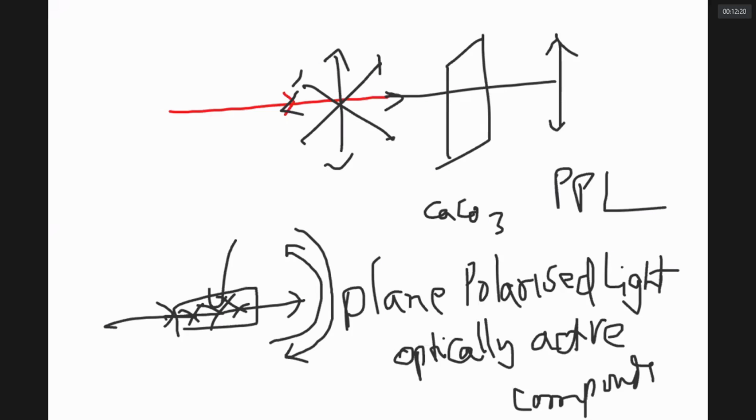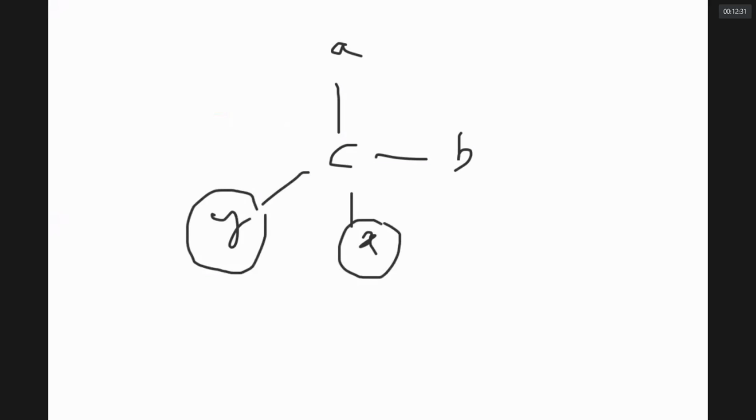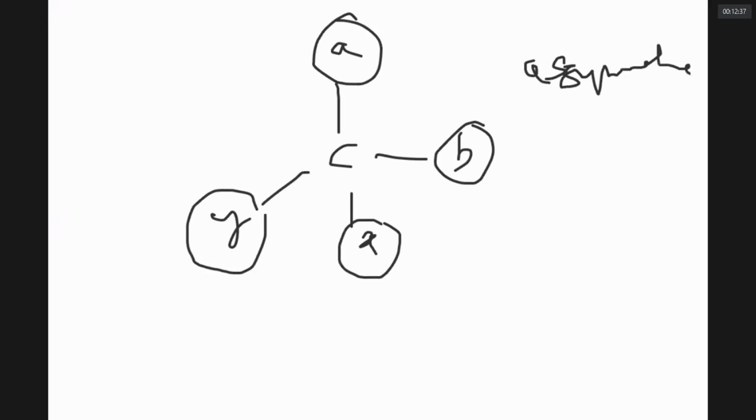To be optically active, one rule is that a compound should have a carbon bound to 4 different groups. A carbon which is bound to all 4 different groups is called an asymmetric carbon or chiral carbon.